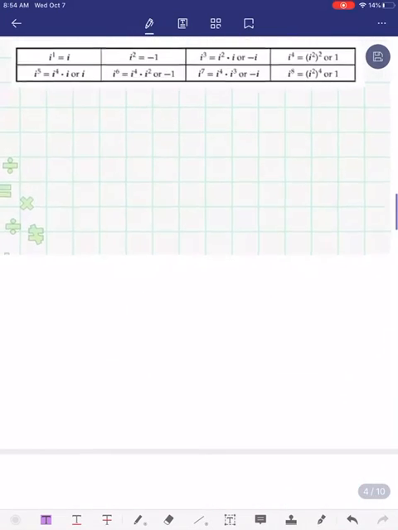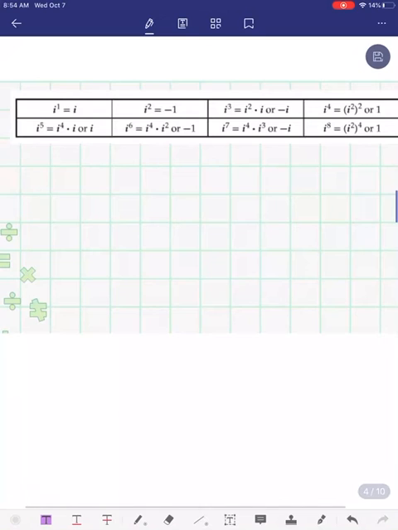Now, when we're simplifying, it's important to remember some of these properties. And we're going to go over how we get these. And then I'm going to give you a little rhyme that can help us remember. So notice that i to the first is i, which makes sense. Anything to the first power is just going to be itself.